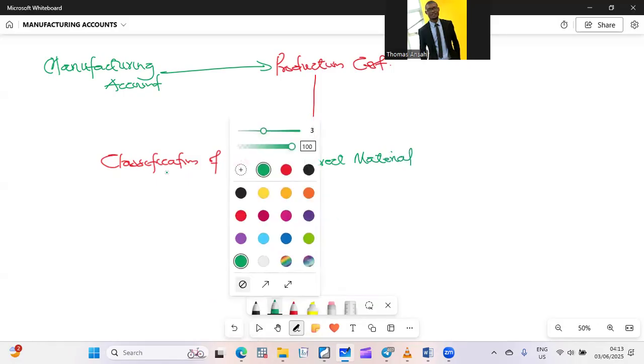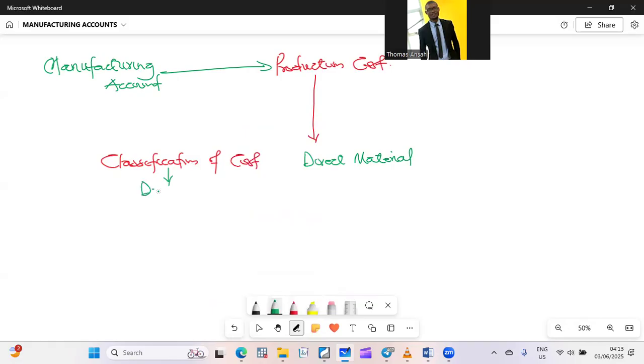So we are classifying costs into direct and indirect, by the way they behave with the level of production. When we say direct, it means it can be traced directly to production.